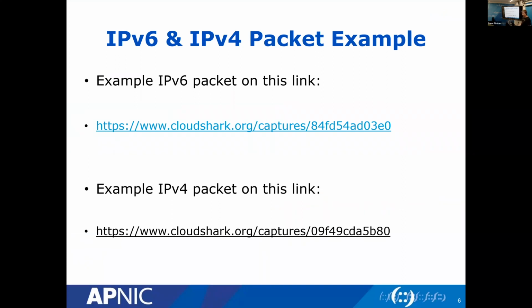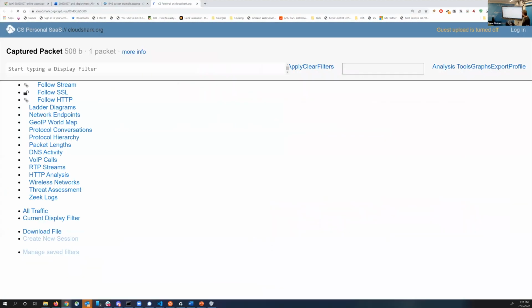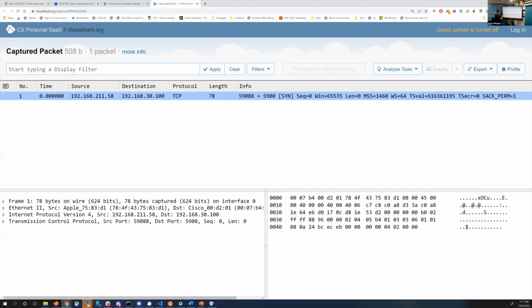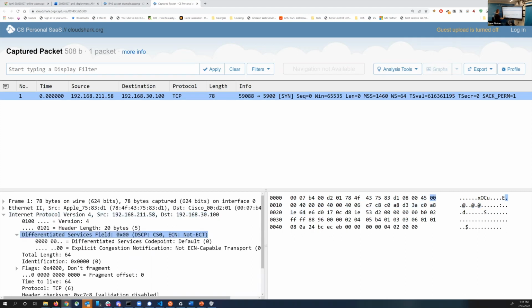And we look at the V4 packet in comparison, and this should open up in the right window this time. There we go. We look at our V4 packet. We've got our header length, which is fixed at 20 bytes.